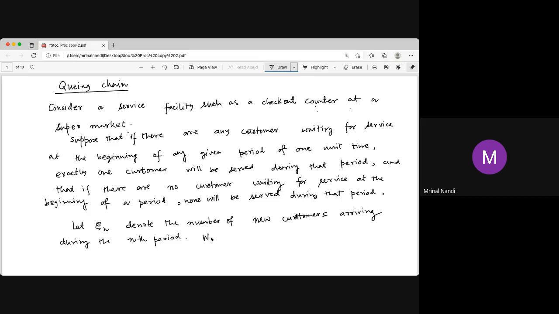Now we assume that we start from x0. So at 9 it is x0, at 9:01 it is x1, at 9:02 it is x2, right?